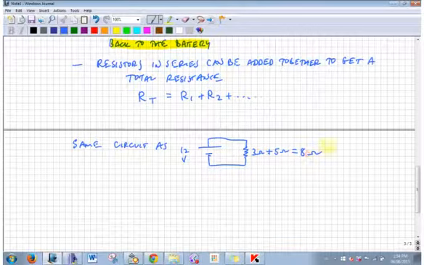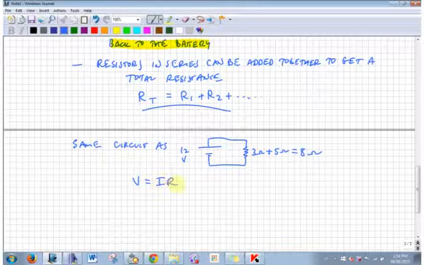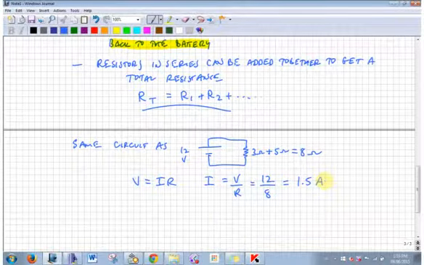That's the same as an 8 ohm resistor because I can add them together because it's series. And V is IR, total for the circuit. So if I want to know the current here, that's V over R, which is 12 over 8, which is 1.5 amps. That's the current. That's part of the question.